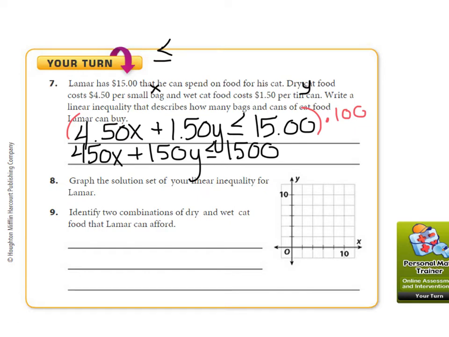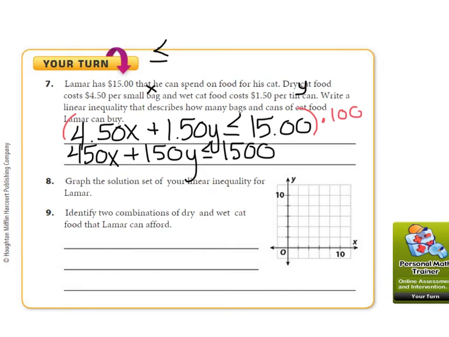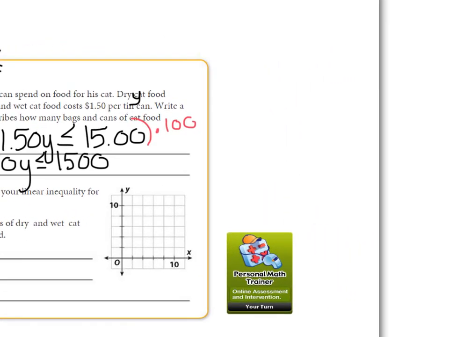And now we can start getting y by itself, which I'm going to do off to the side here. So again, 450x plus 150y less than or equal to 1500.